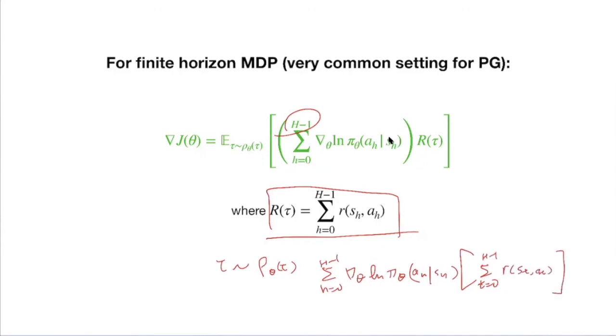And you can sample multiple trajectories if you want and take the average. This corresponds to a mini batch stochastic update.